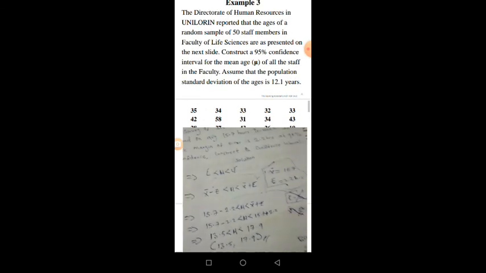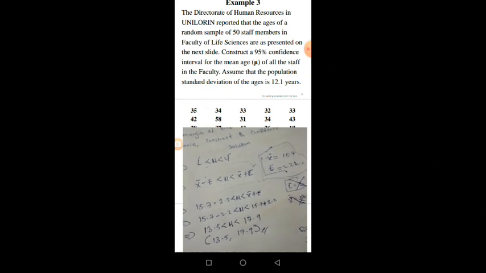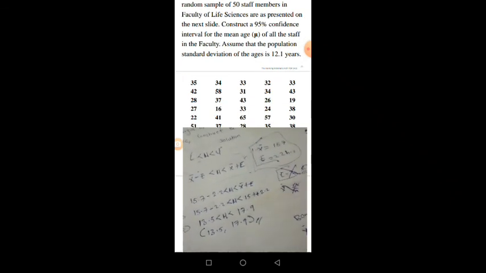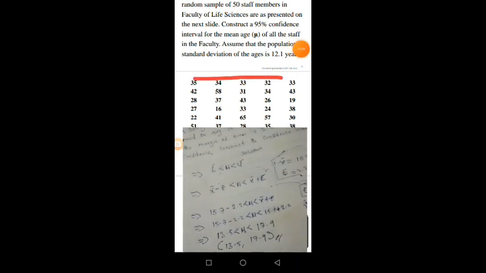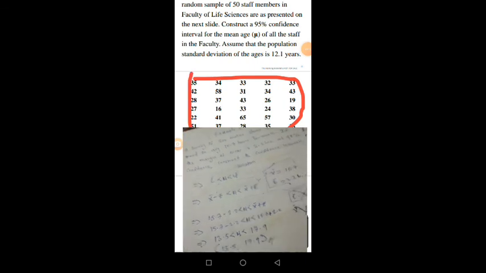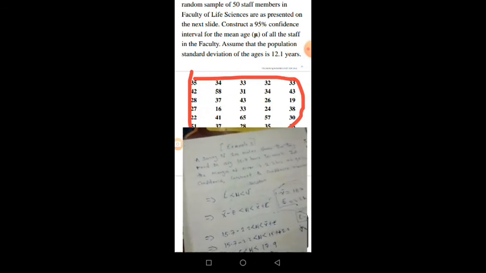So in this question, the number is 50. Then for the summation of x, you can get it with the addition of all the numbers on the screen, all these given to us. That's your summation. Then you get your mean, and when you get your mean, start to work it out.